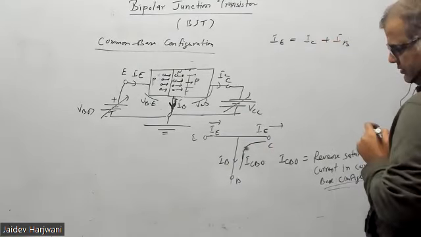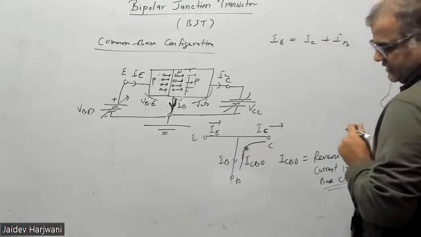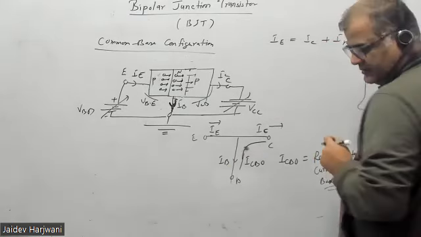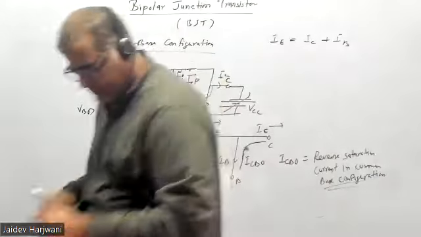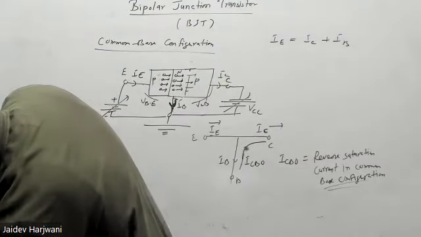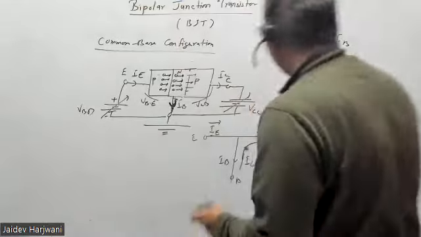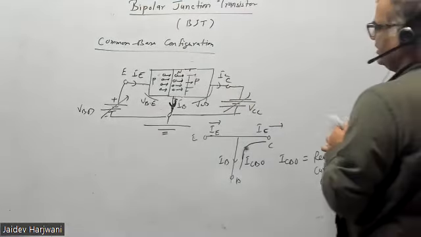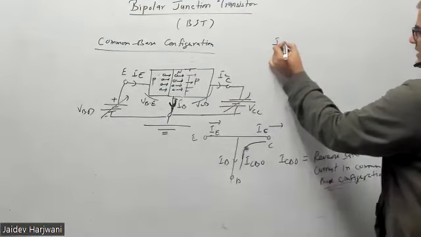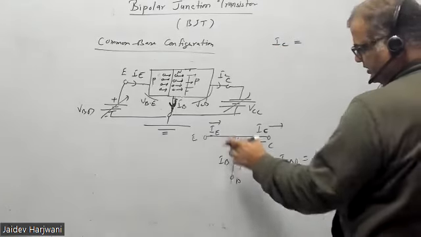Can I write it like this, or should I write IC first? Let me write IC first. So what is IC? IC is made of two currents.